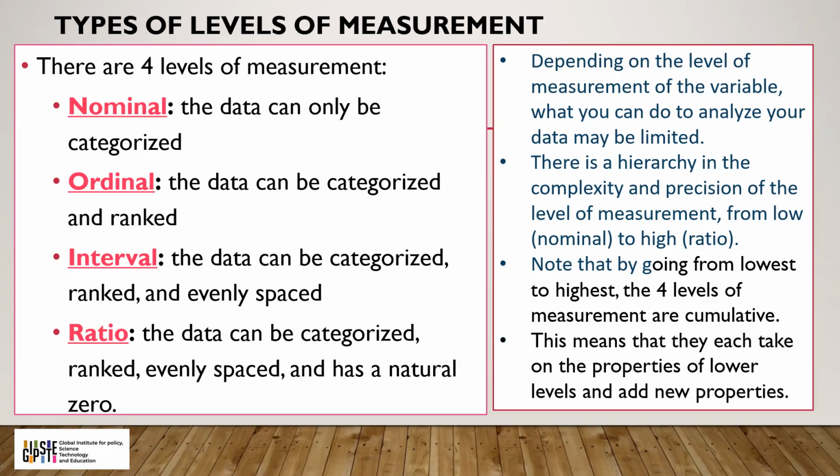This means that they each take on the properties of the lower levels. Before you get to the ordinal, you just add one different property that makes it different from nominal. So each takes on the properties of lower levels and adds new properties to get to the different levels.